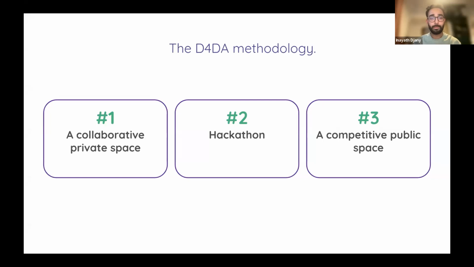And then we have the hackathon, the step on which we gather the community of data scientists to solve this business problem. And at the end, the competitive public space, which is basically the open data space where you can find all the models and the best models from the hackathon and the data used in the hackathon.